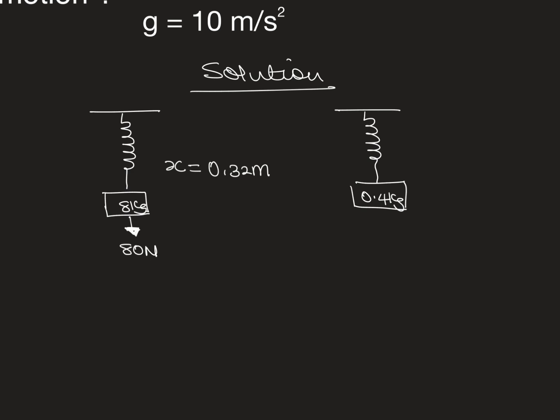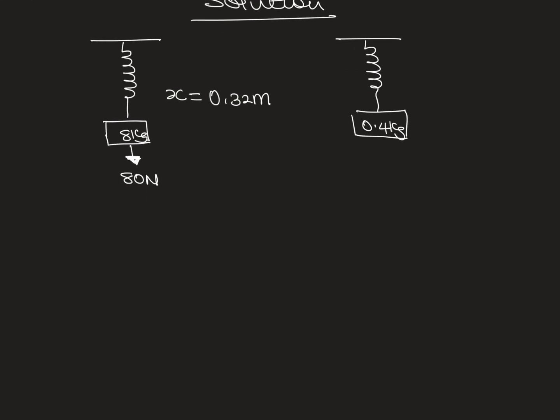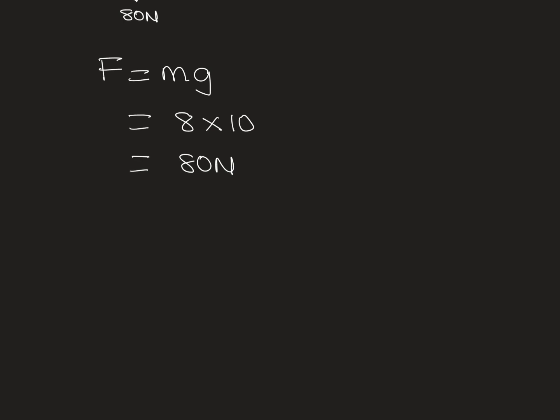The first information can give us the spring constant, which is also called the force constant if you like. So first, F is equal to mass times gravity. The mass is 8 kilograms multiplied by gravity, 10. That is 80 newtons. Now, using F is equal to Kx, where x is the extension, if I want to find K, I will divide both sides by x.